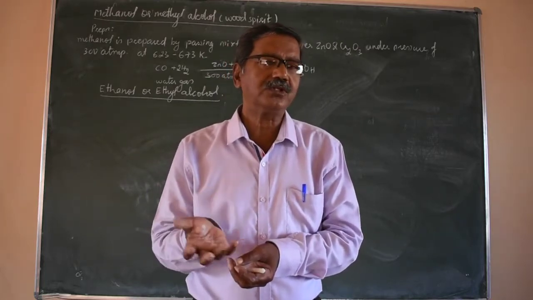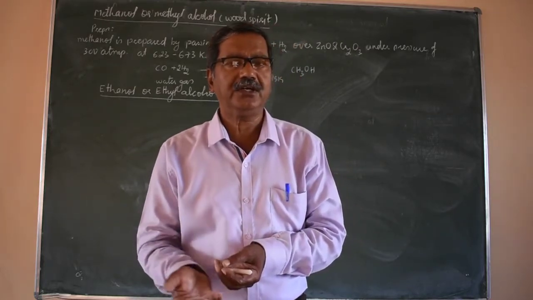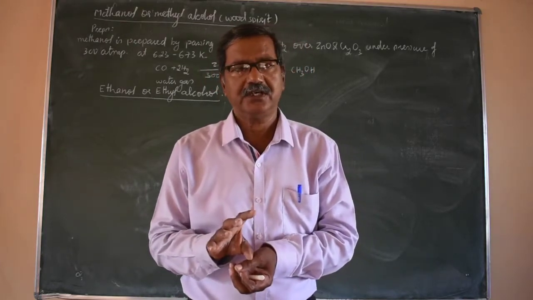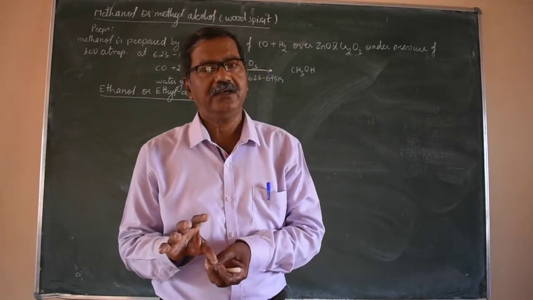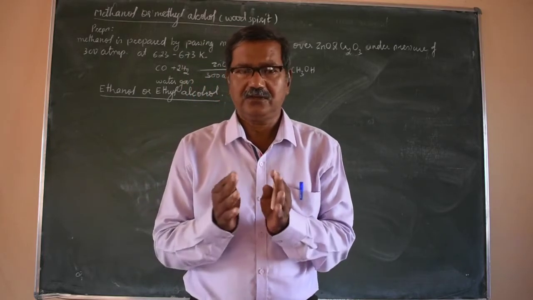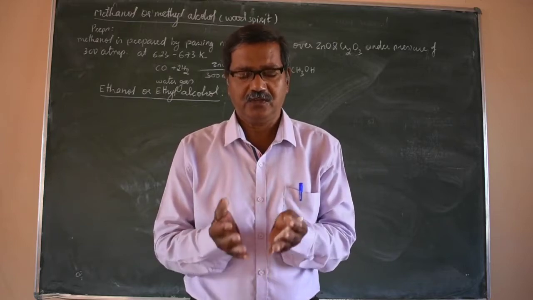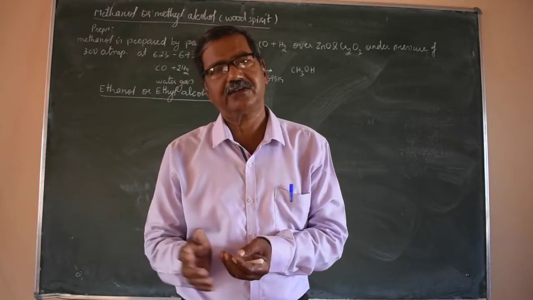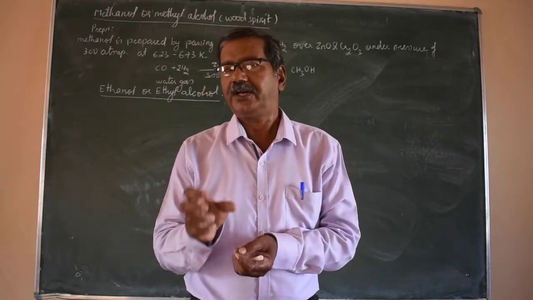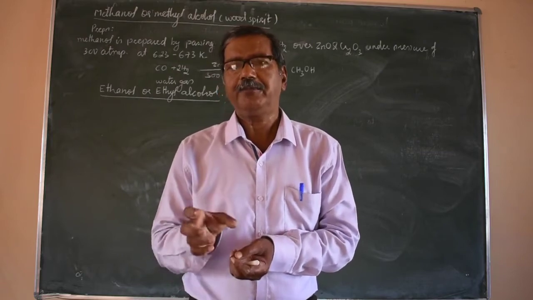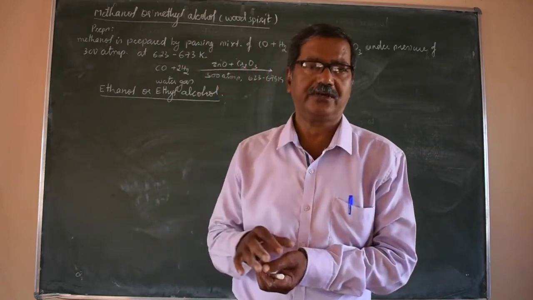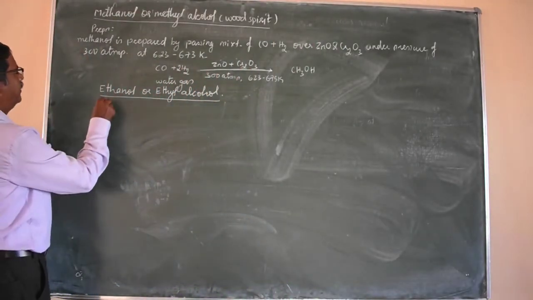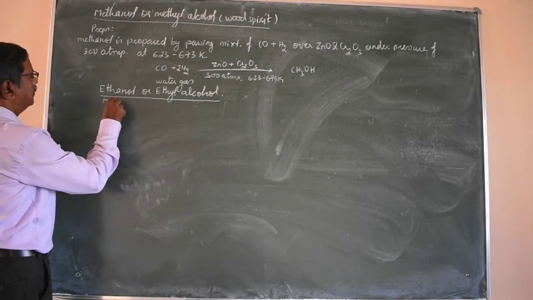Then glucose and fructose are converted into ethanol by the enzyme zymase. Both these enzymes are secreted by yeast. On distillation you get about 95.5% alcohol, called rectified spirit. 100% alcohol is called absolute alcohol. So this is the preparation of ethanol from molasses.